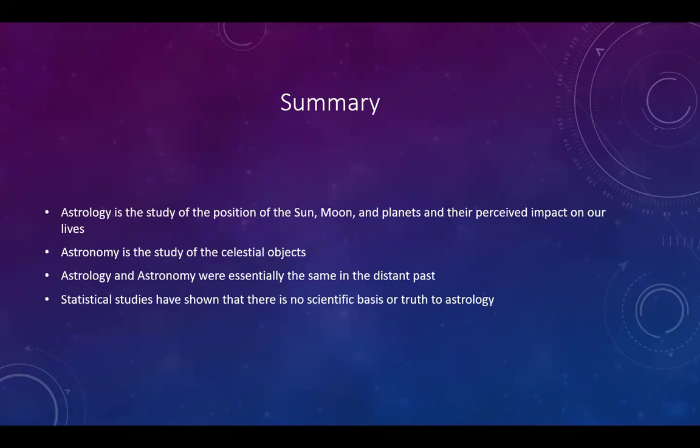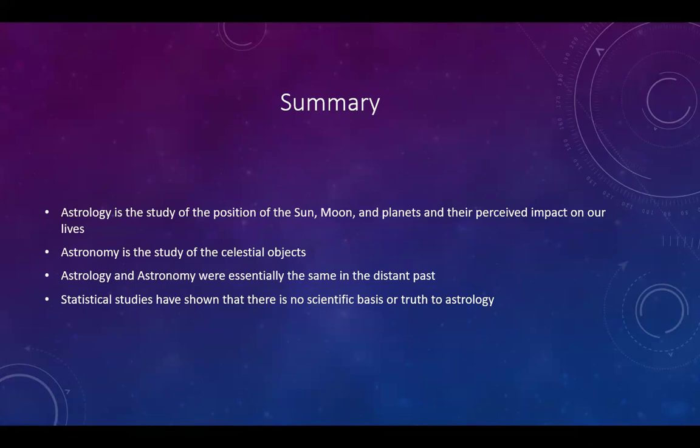Astrology is the study of the position of the sun, moon, and planets and their perceived impact on our lives. There were a lot of philosophical ideas that they were affecting how things functioned on Earth. But to our modern understanding, they have little to no effect on day-to-day stuff on Earth.